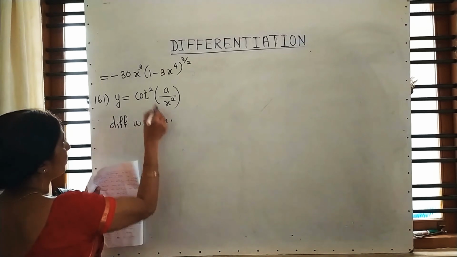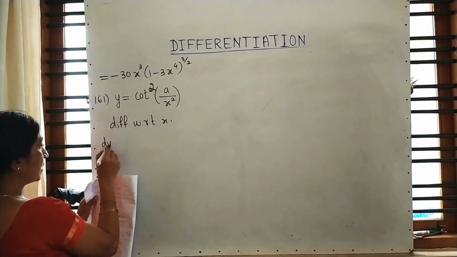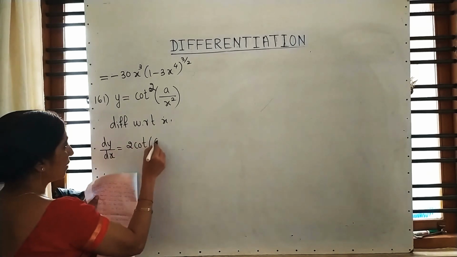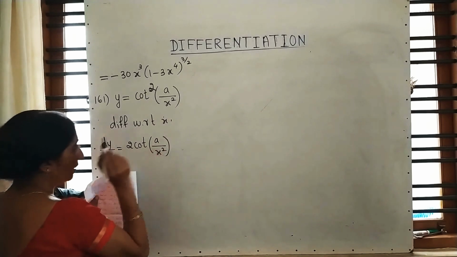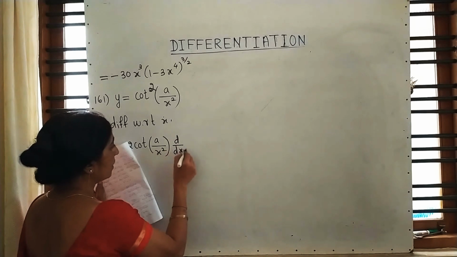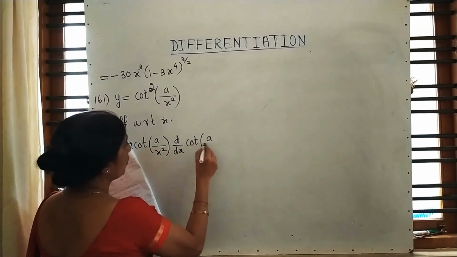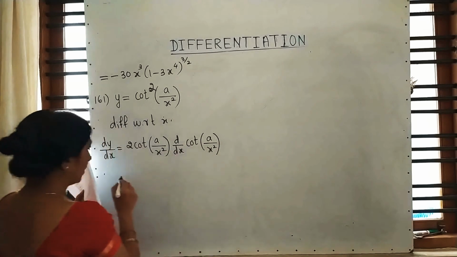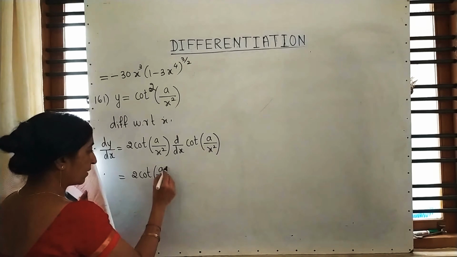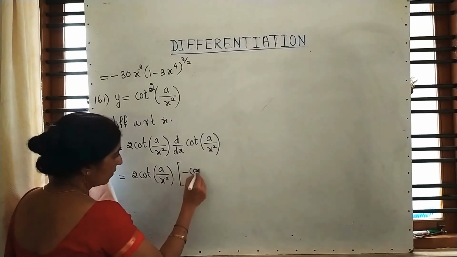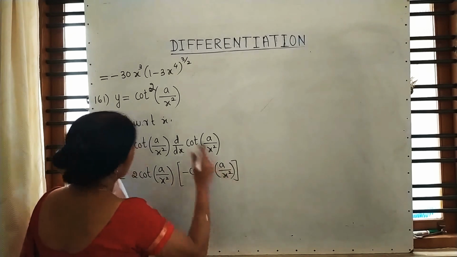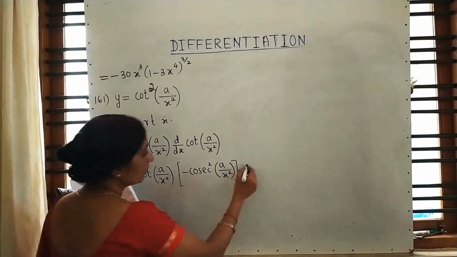Power is 2. Dy upon dx is equal to 2 into cot a upon x square. After power, what are you differentiating? Trigonometric term. What is the trigonometric term? Cot of a by x square. Differentiation of cot is minus cosecant square a by x square. First power, then trigonometric term, then angle.